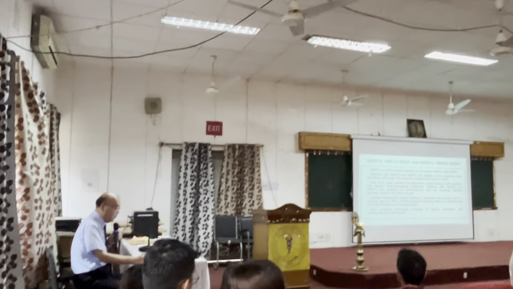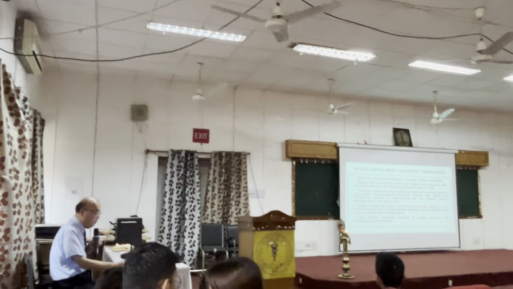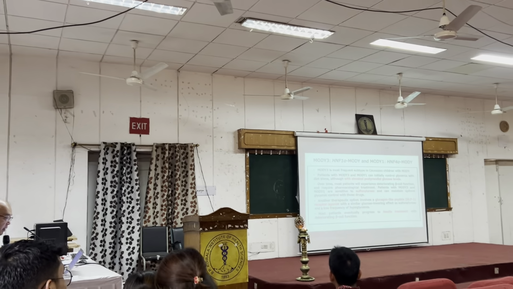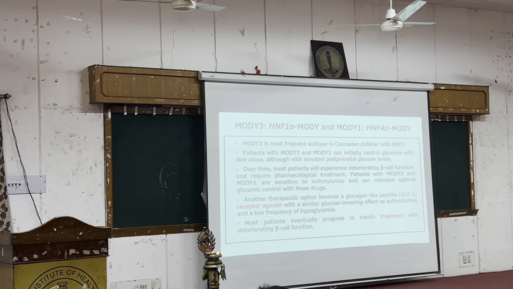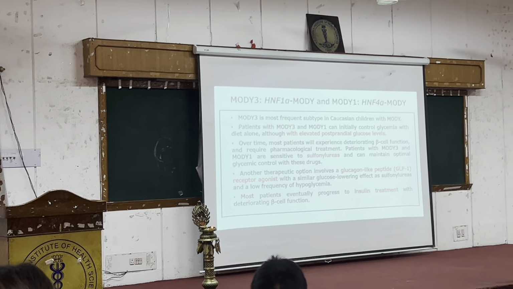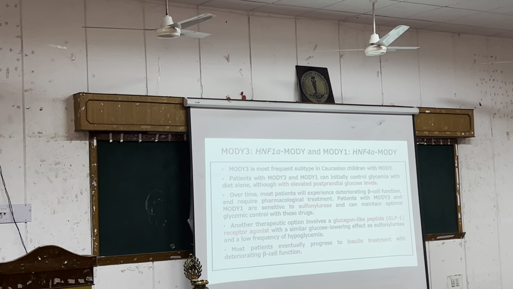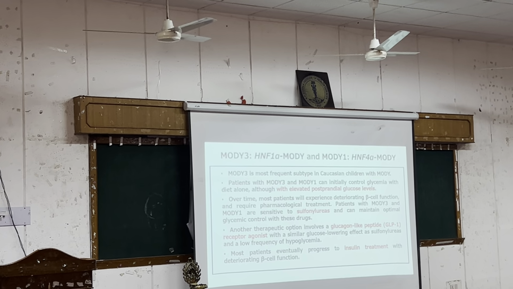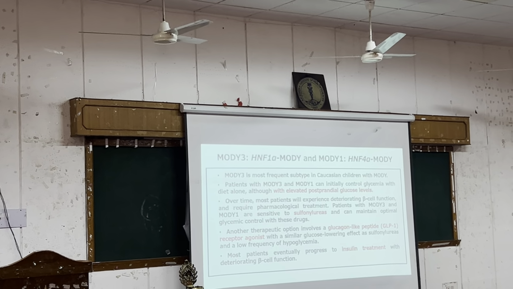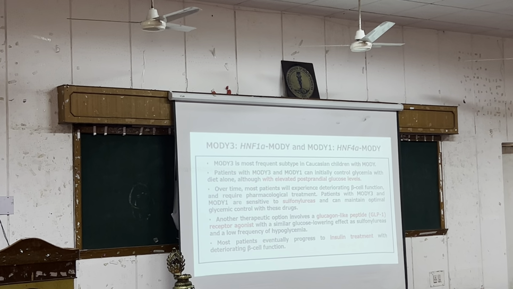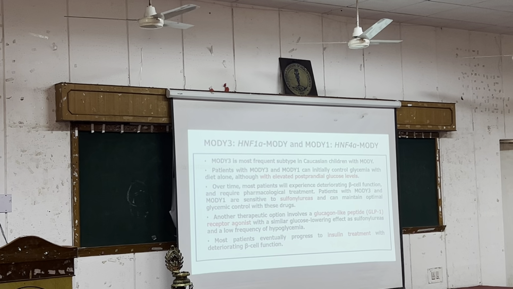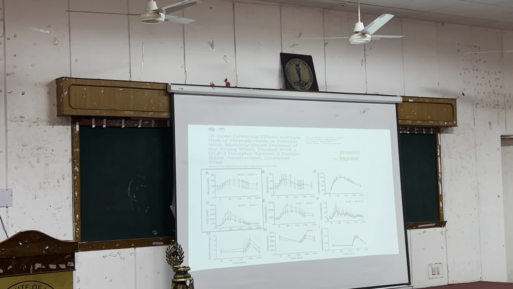Another therapeutic option involves a glucagon-like peptide GLP-1 receptor agonist with a similar glucose-lowering effect as sulfonylurea and a low frequency of hypoglycemia. However, most patients eventually progress to insulin treatment with deteriorating beta cell function.